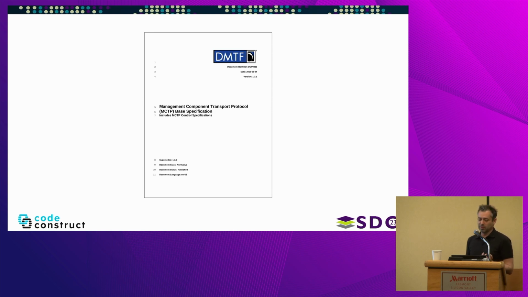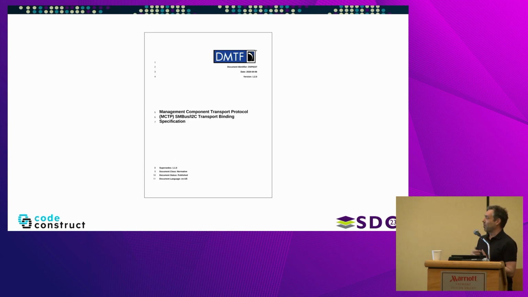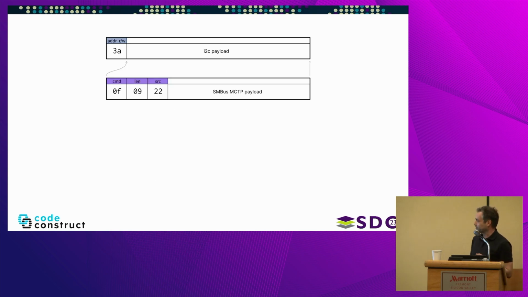The MCTP spec itself is transport neutral and comes with some binding specifications. So this one is our SMBus binding spec for MCTP, and it tells us how an MCTP message is transported over the SMBus. This is what an MCTP payload looks like over I2C.